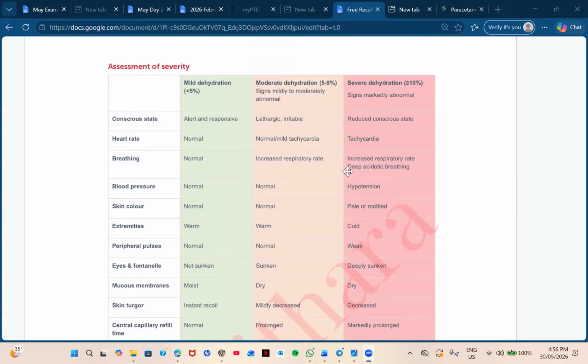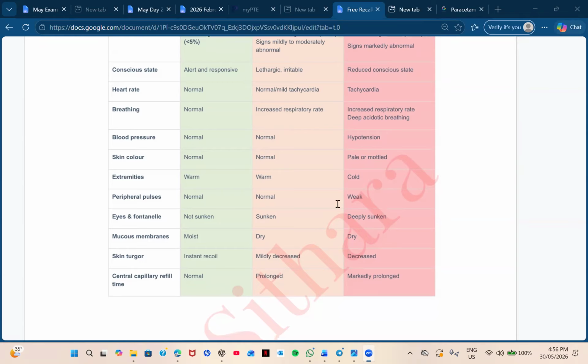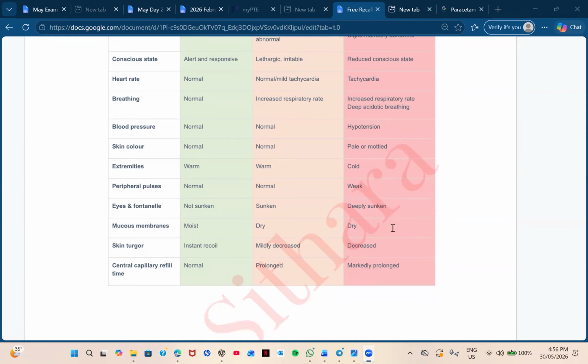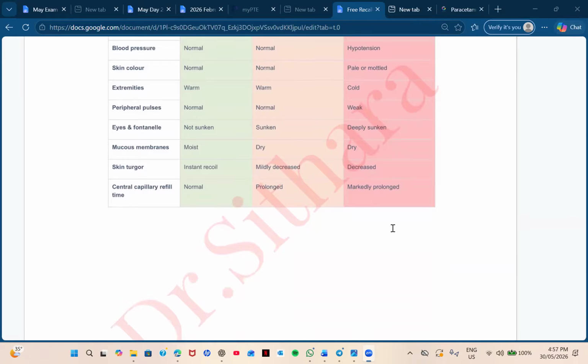If it is severe dehydration, the child has a reduced conscious level, is tachycardic with increased respiratory rate and deep acidotic breathing, has hypotension, pale or mottled skin, cold extremities, and a weak peripheral pulse. The eyes and fontanelle are deeply sunken, mucous membranes are very dry, skin turgor is decreased, and capillary refill is markedly prolonged.